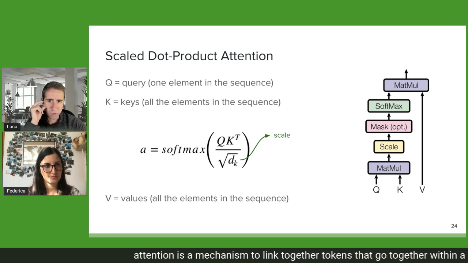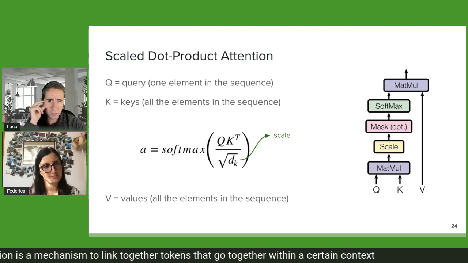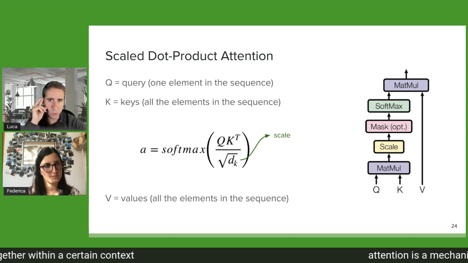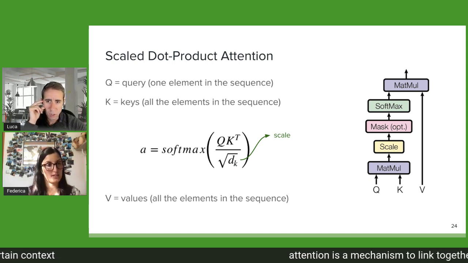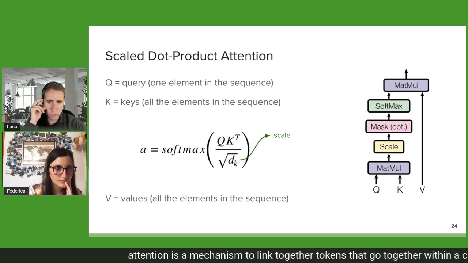So you essentially take these two matrices, Q and key. Q is one element in the sequence, which means it's one token in the sequence. It could be a word or a group of words, while the key contains all the words in the sequence.